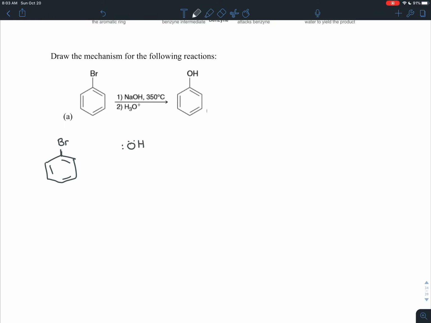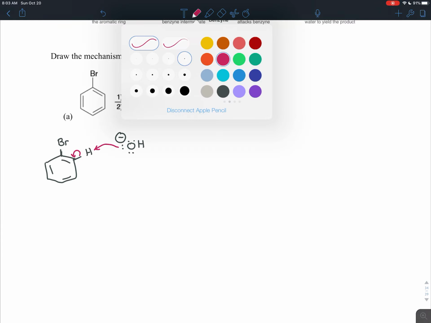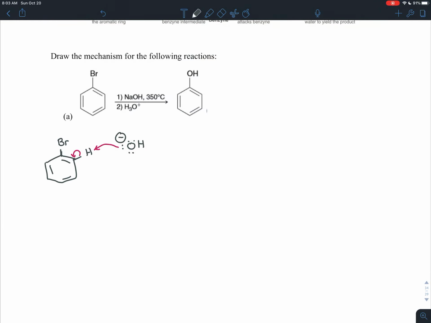You have a metal and a nonmetal, so the OH by itself is going to have that negative charge. And the first step is to steal one of these hydrogens. So you end up doing a proton transfer. And the electrons from the hydrogen go onto that carbon. They stay in that same orbital that they were in, the sp2 orbital.